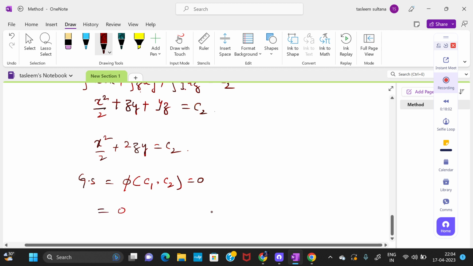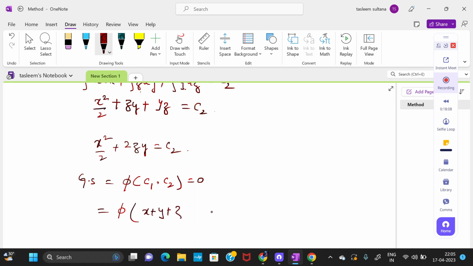It's phi of what we got first, x plus y plus z, then next is x square by 2 plus 2yz, equals 0. Yes, Aditya, any doubt over here? It's clear. So you got your multipliers also.